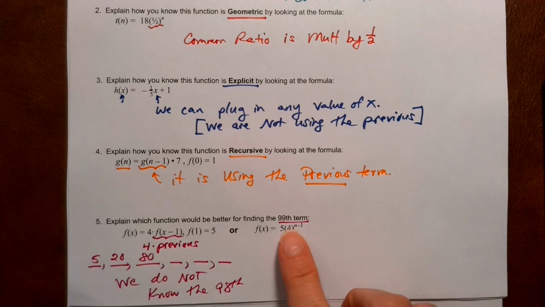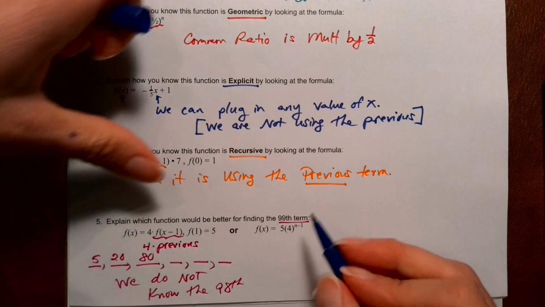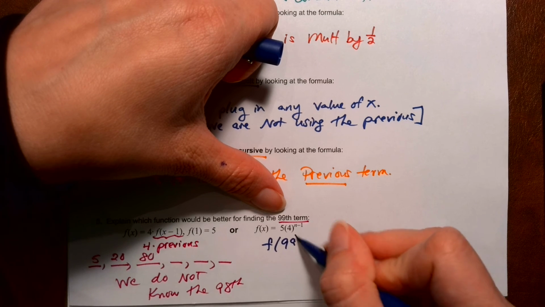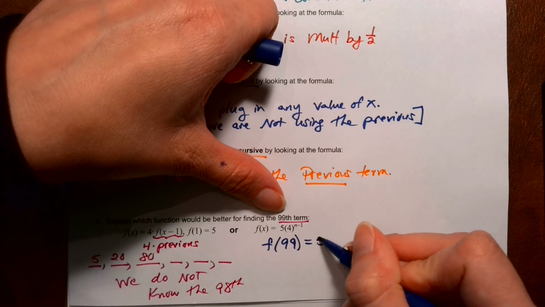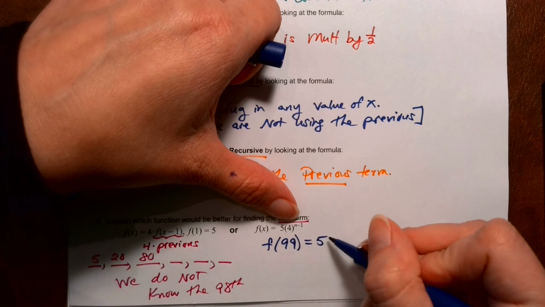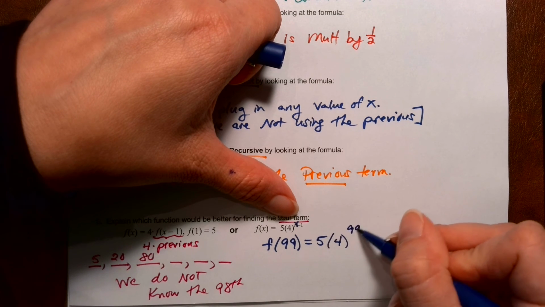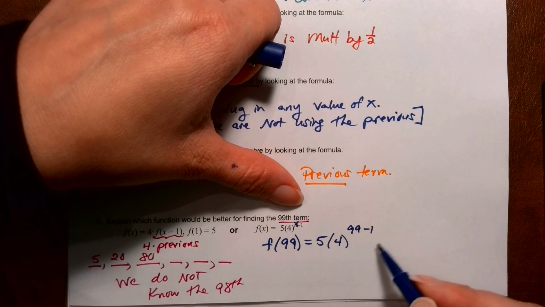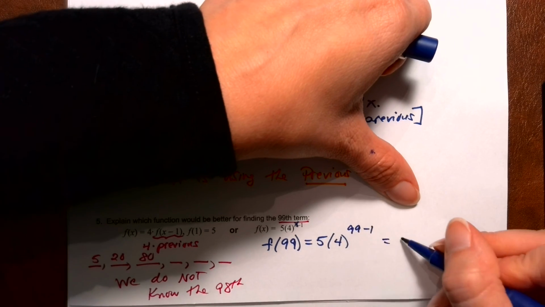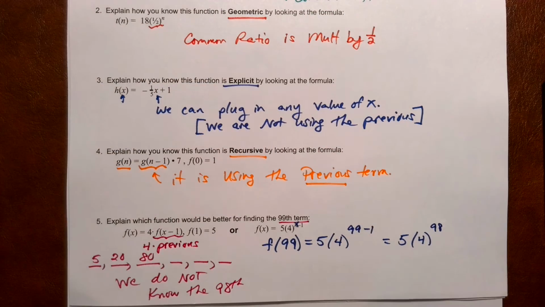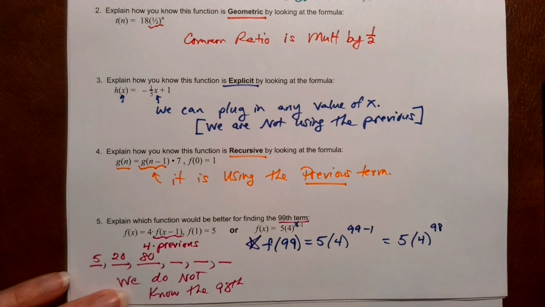Let's examine this explicit equation here. For me to find the 99th term, all I would have to do is f of 99. So I could take the input, that should say x right there, and I would plug in 99 minus 1, and then I would just use my calculator here to figure out what 5 times 4 to the 98th power makes. I think this is the way to go.